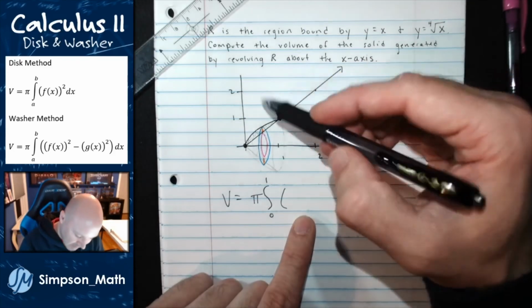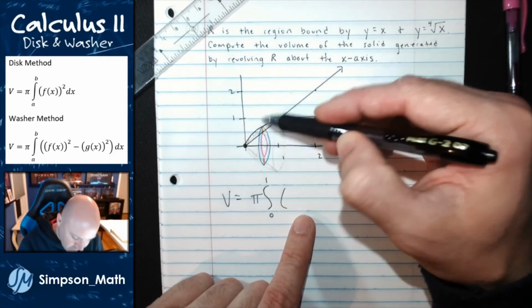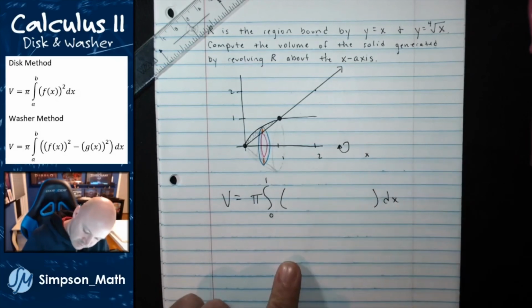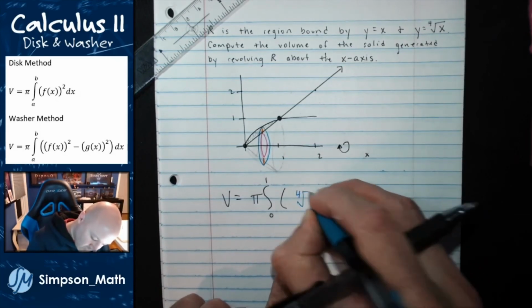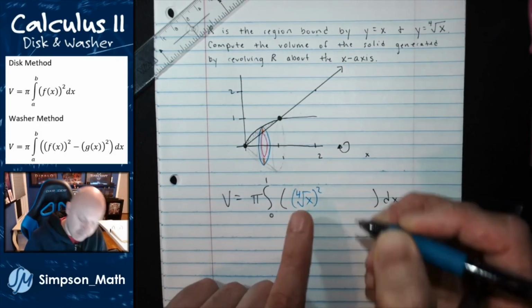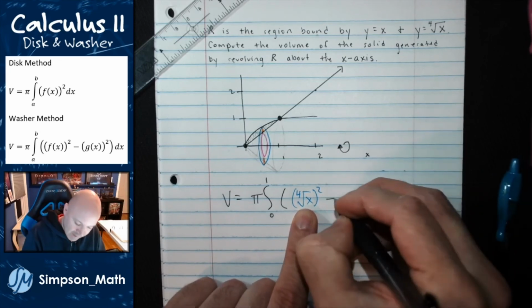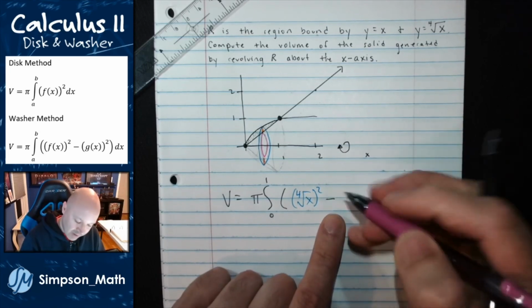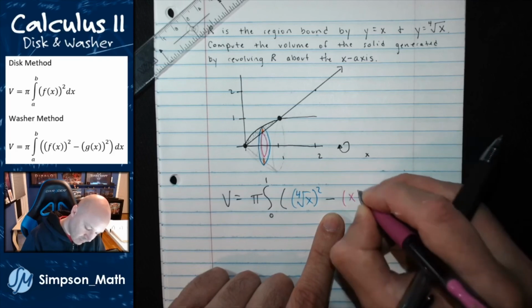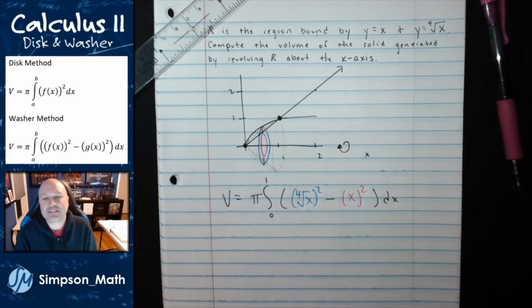So the top radius is the blue function, which is the fourth root of x, being squared, minus my bottom radius, x squared. That's going to give us the orange leftover stuff that I'm actually after.